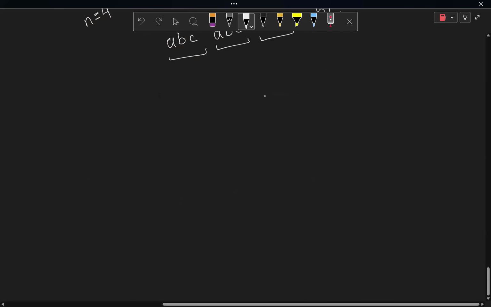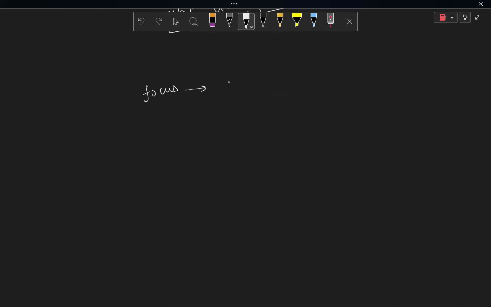So can I say that the focus of mine in this problem will be to find a string which does not come as a subsequence in string S?